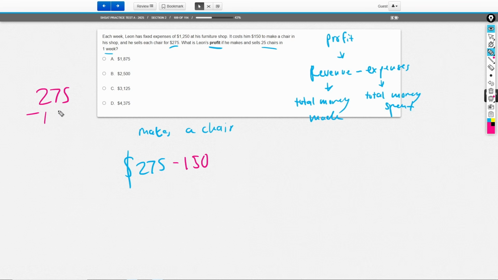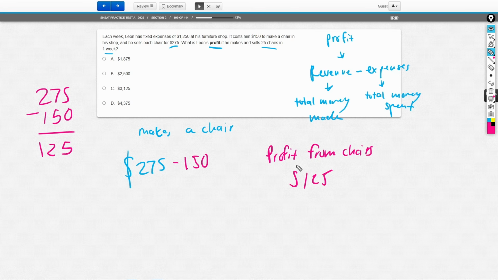So in reality, every single time he actually makes a chair, he's only making $125. So his profit from chairs is $125 per chair. All right. Now, if he sold 25 chairs, how much profit did he make? Well, he made 125 times 25.